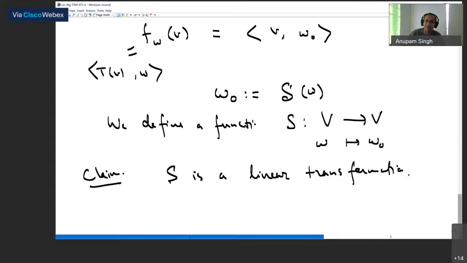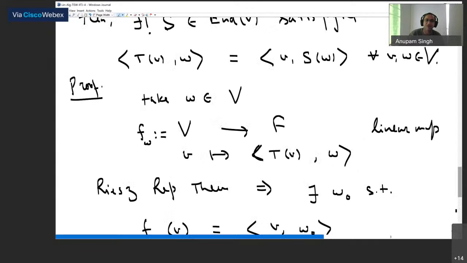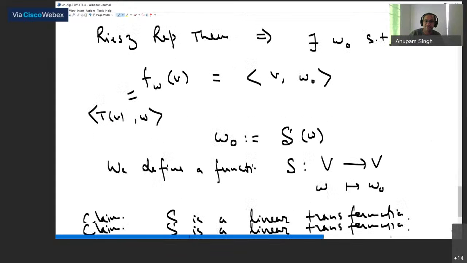It's a well-defined map. It's a linear transformation. I will leave this as an exercise to check. Once you check this, we exactly see that I have found S satisfying the property that I wanted here. Okay, so this proves this theorem, that I can find such an S.